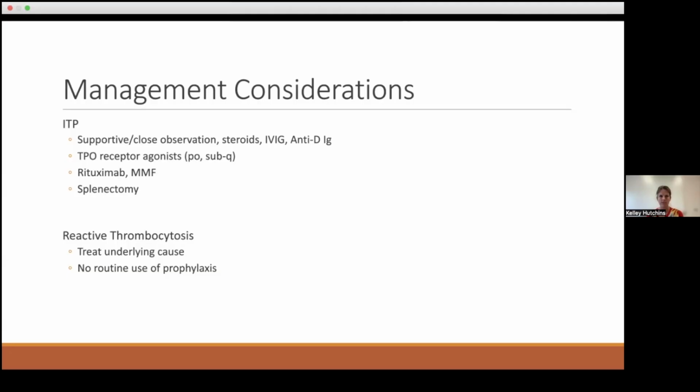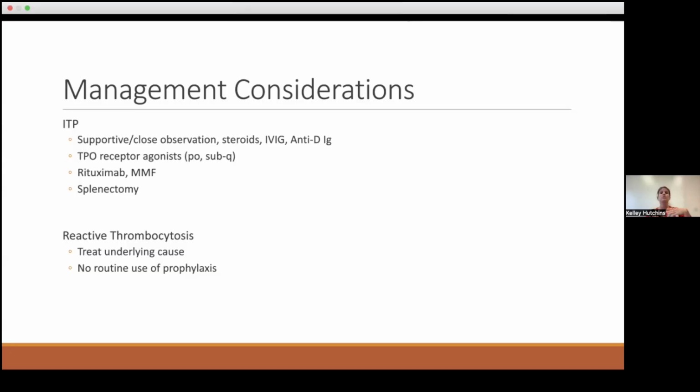Other things that can be used, steroids. Historically, and at some places, and sometimes personally, treating with steroids, even though you feel comfortable and confident in your diagnosis of ITP, we do know one of your differentials for thrombocytopenia, right, is leukemia. And we know that steroids treat leukemia.